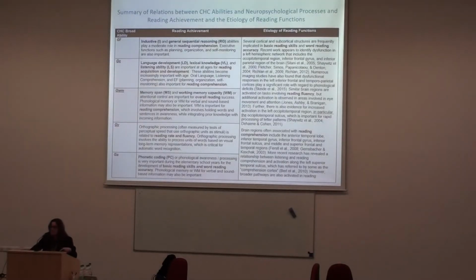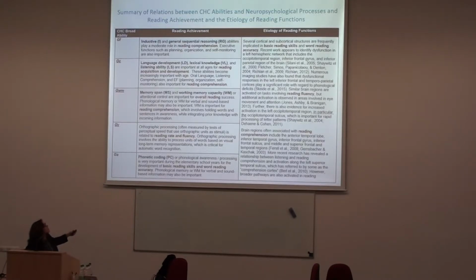Now, there's a series of tables in here for you to read through and get a sense of these relationships. Down the left-hand column, these are the codes for each of the abilities in CHC theory. So you have fluid, crystallized, short-term memory, visual processing, auditory processing.